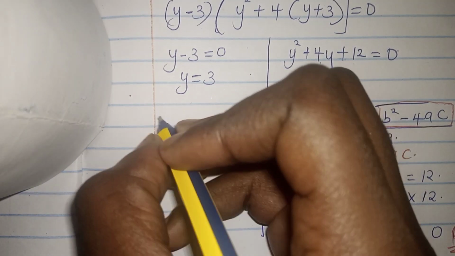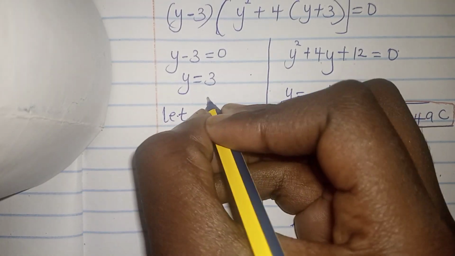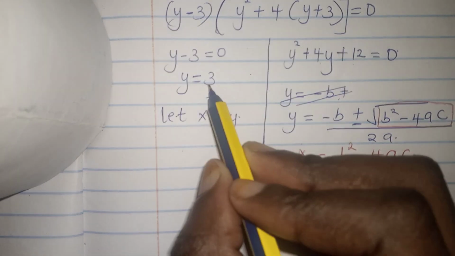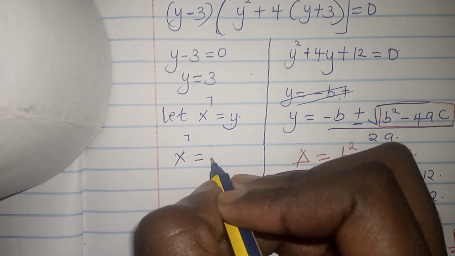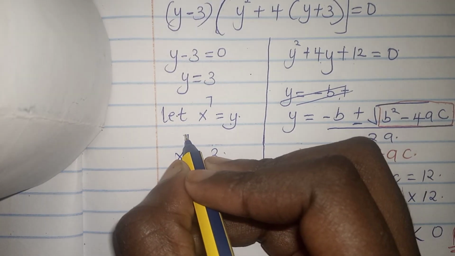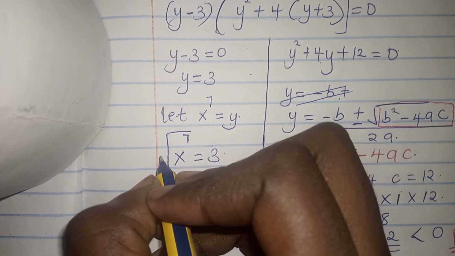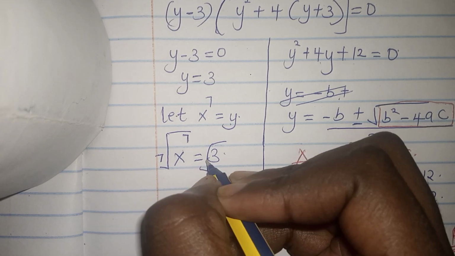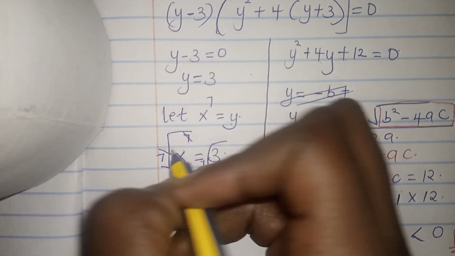Remember we had said let x to the power of 7 be equal to y, and we have the value of y as 3. So x to the power of 7 is equal to 3. I want to remain with the value of x, so I will take the 7th root on both sides. This 7 here will cancel with the 7th root.